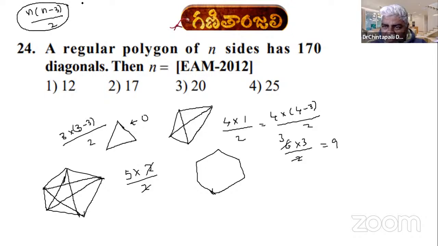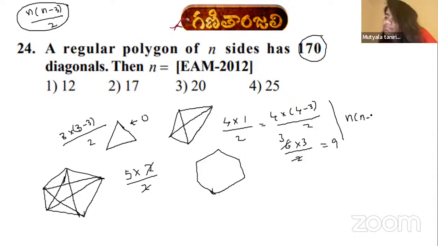Got it? Yes. Here, the number of sides is asked. A regular polygon of n sides has 170 diagonals. That means n into (n minus 3) by 2 equals 170.